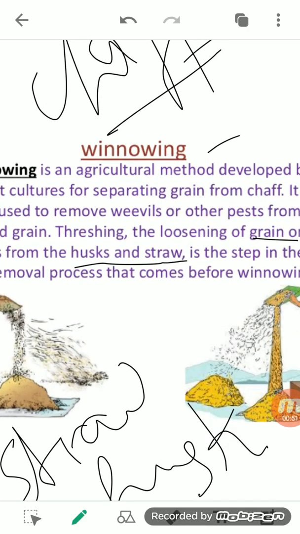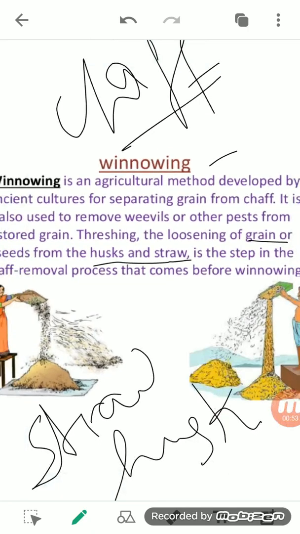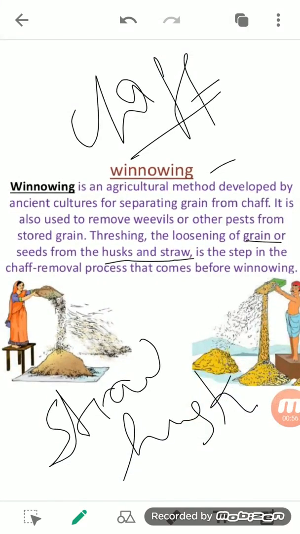Okay. So winnowing is an agriculture method developed by ancient cultures for separating the grain from the chaff. This method is used when one of the components is heavier than the other. It is a very simple method in which a farmer stands on a high platform and releases the mixture of chaff and grain from the winnow, keeping the winnow at the level of his head.